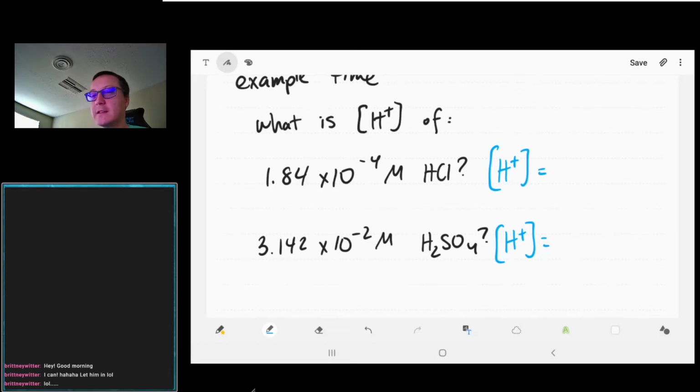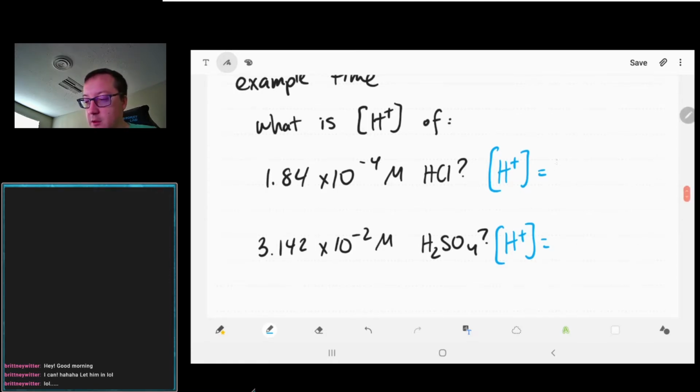Okay, well, let's think about this. So, HCl is a strong acid, right? It's one of our 6 strong acids. HCl is monoprotic, right? It just has one proton. And for most of our strong acids, 5 out of 6 of them, your H plus concentration is just the same thing. So for HCl, the hydrogen ion concentration is exactly the same as the concentration of your acid.